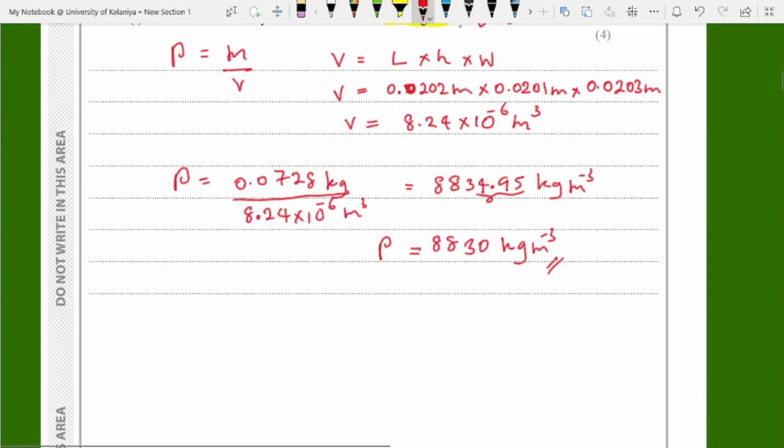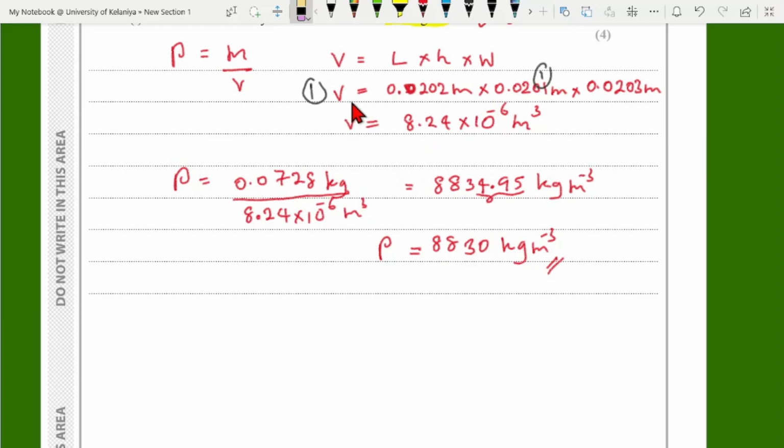So you will get marks right here for applying what? First, you have to convert millimeters into meters, and mass into kilograms. For the whole conversion, meters and kilograms, you will get 1 mark.